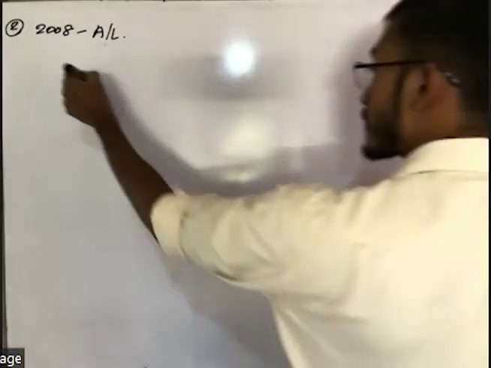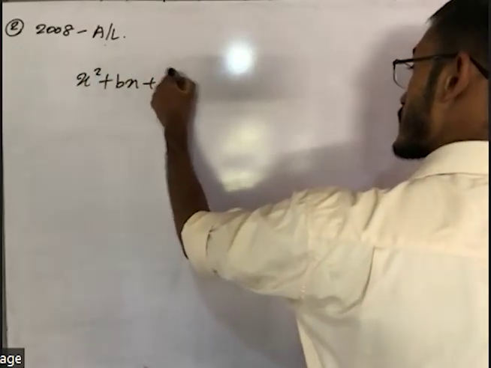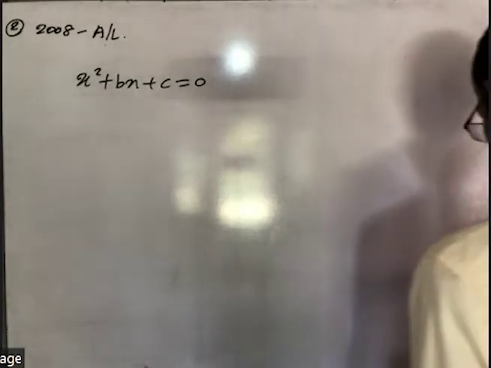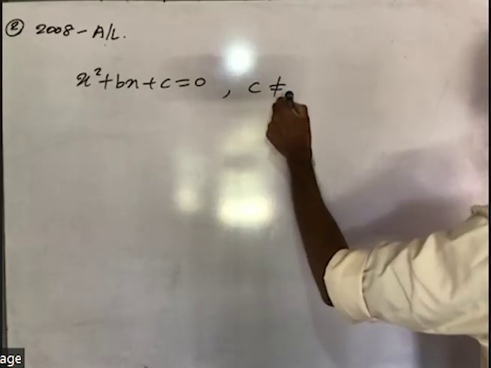Alpha and beta are the roots of the equation x square plus bx plus c equal to 0, where c is not equal to 0.